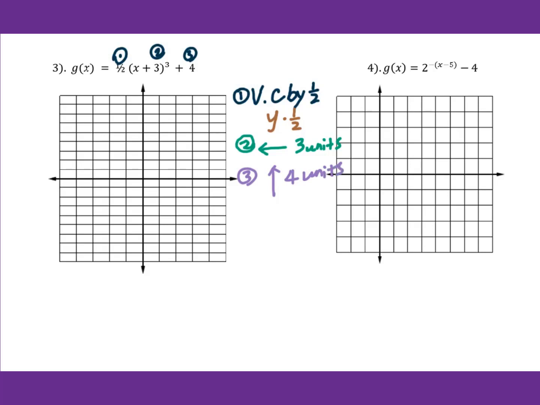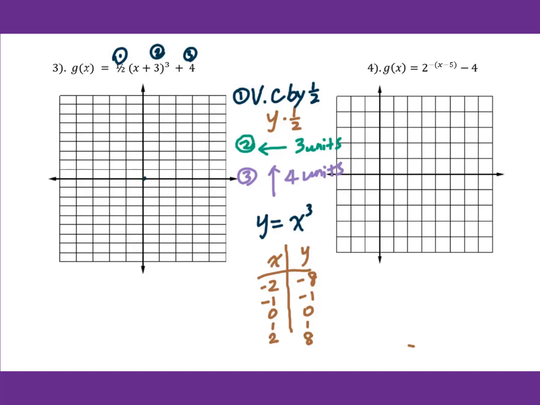The parent function will be y equals x to the third power. So your table, you will get negative 2, negative 1, 0, 1, 2. Negative 8, negative 1, 0, 1, 8. So we need to plot these 5 points.